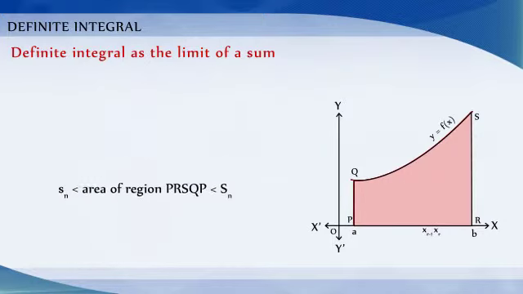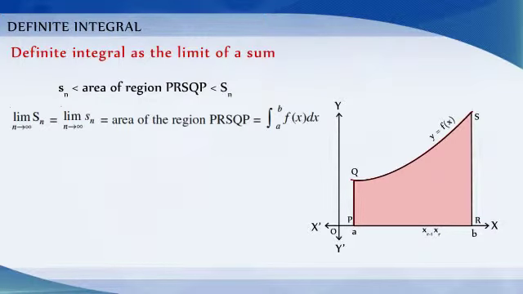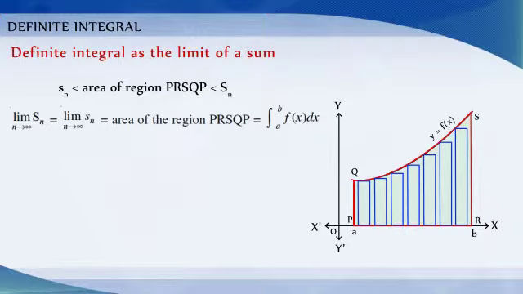Symbolically, we write limit n tends to infinity capital Sn is equal to limit n tends to infinity small sn, which is equal to area of the region PRSQP, which is equal to integration of a to b f of x dx. This area is also the limiting value of any area which is between that of the rectangles below the curve and that of the rectangles above the curve.